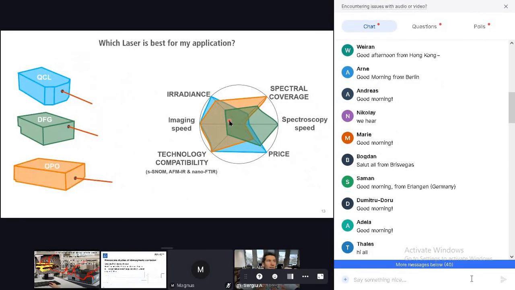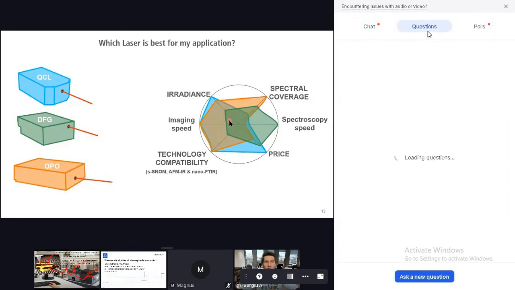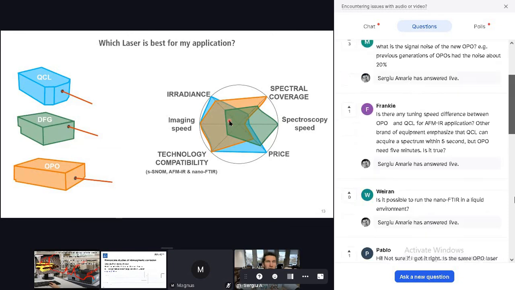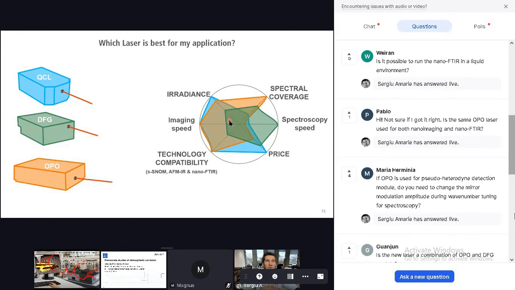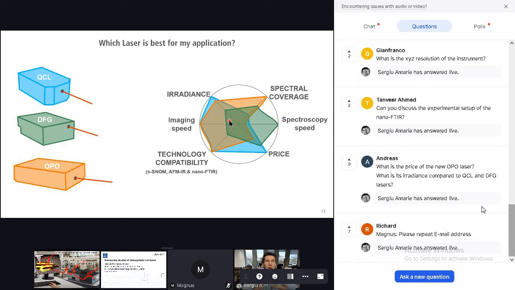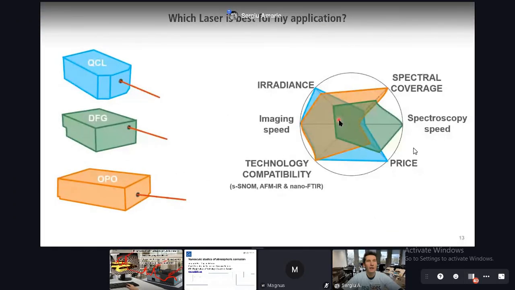In fact, at our customers' sites and in our factories, we combine not only these three lasers, but many more beyond that. Lasers which are much broader than the DFG laser and emit somewhere in the 2 micron to 4 or 5 micrometer range.